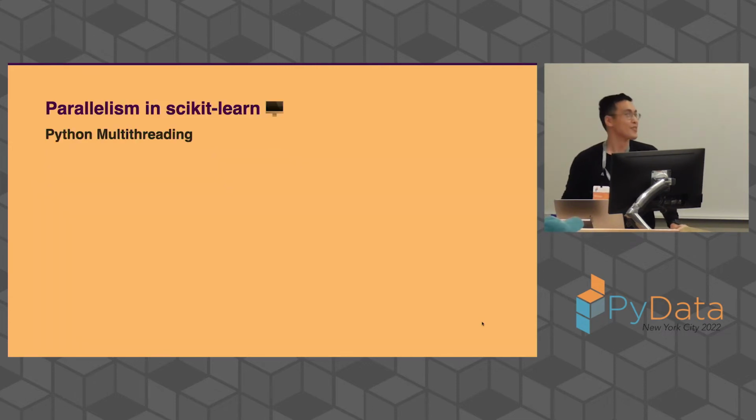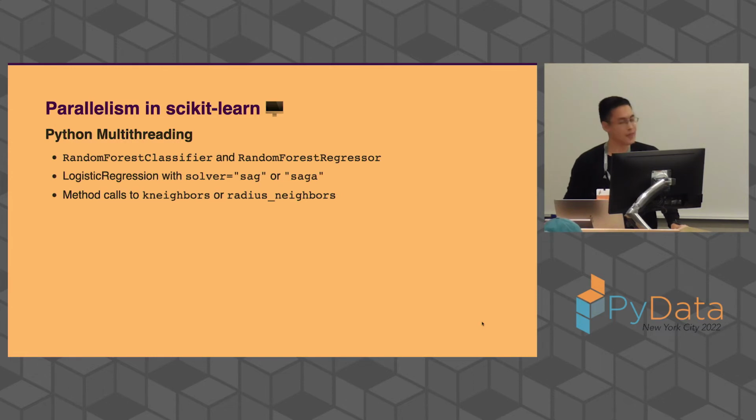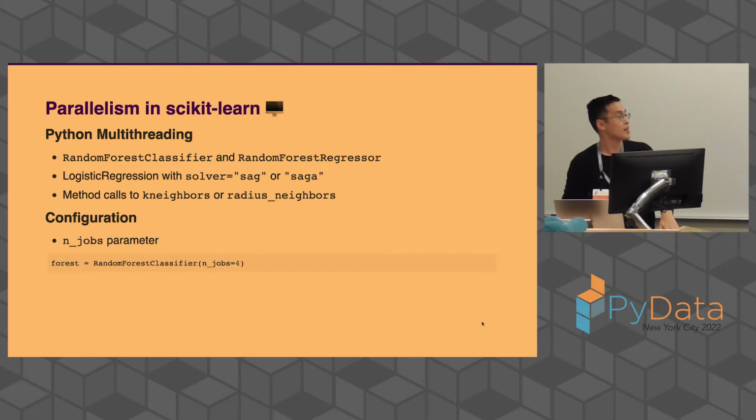Okay, multithreading. Multithreading is used famously in the random forest. This works because random forest is written in Cython, and the Cython code releases the GIL, which means you can do multithreading. The configuration is to use n_jobs, and that configures it.